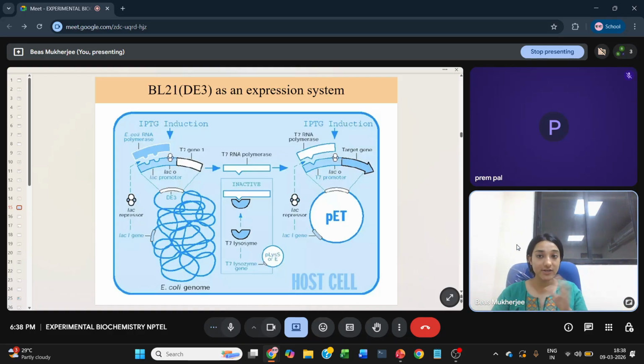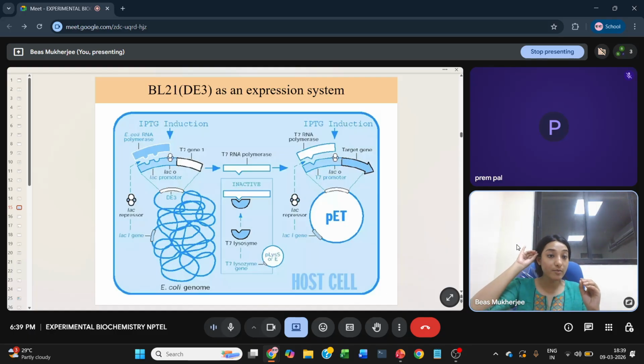Now if you look at this figure, let's try to understand what happens. Normally this LAC promoter, it is a leaky promoter, so there will be some leaky expression. So that means some amount of T7 RNA polymerase will get produced even when no IPTG has been induced, right?